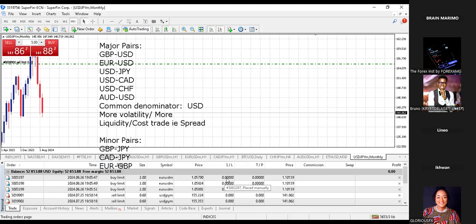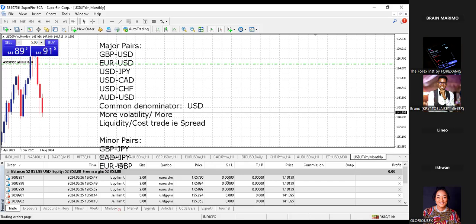Exotic pairs: USD ZAR, USD Naira. You get it, right? I don't think many retail traders trade them. Sometimes I wonder who trades them though.